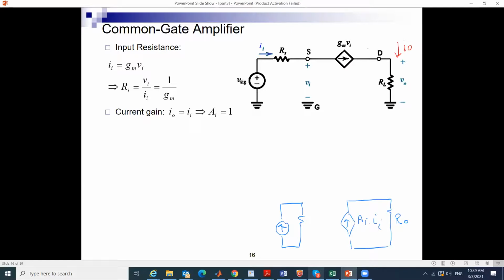Sometimes I don't want gain, but I want to shield my circuit with good input resistance. Let me ask you this question. If I have a signal, and the signal has its own Rsig, let us say 10K, and the Rn for my amplifier is, for example, 100K, what is going to happen to the signal Isig? In what resistance is it going to flow?